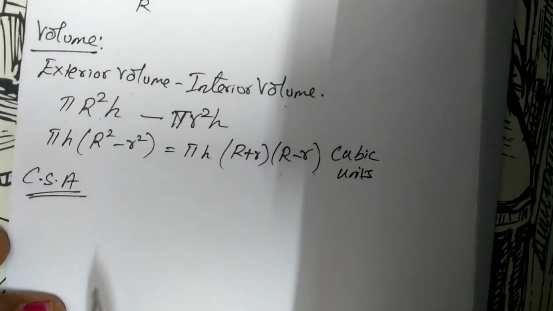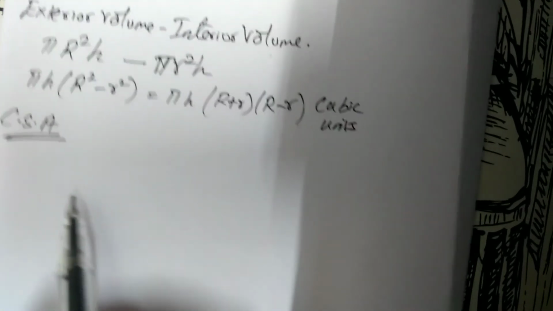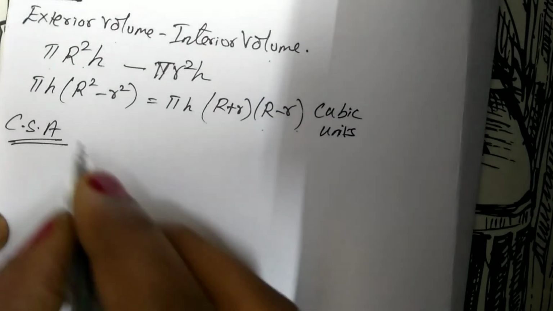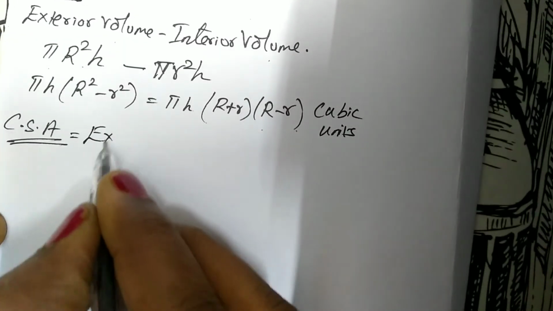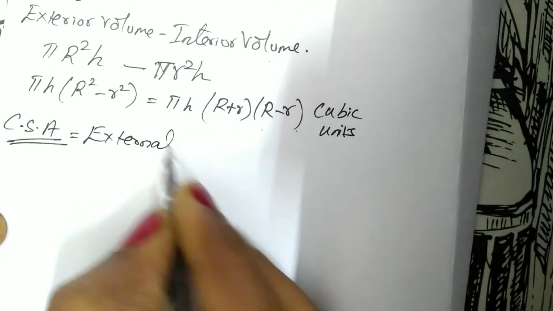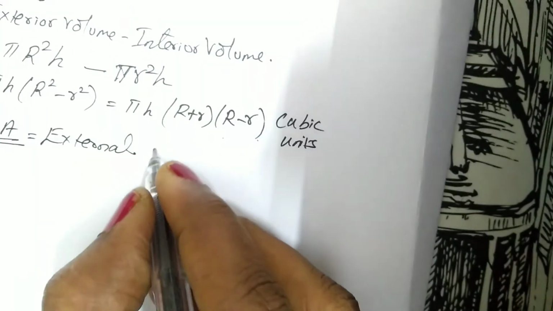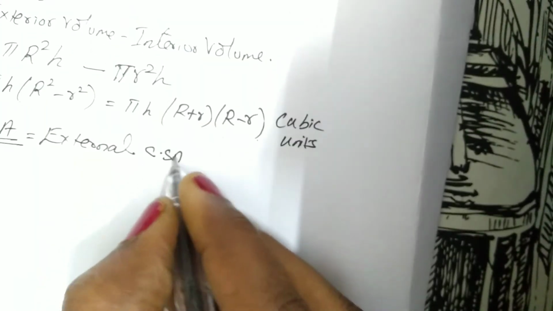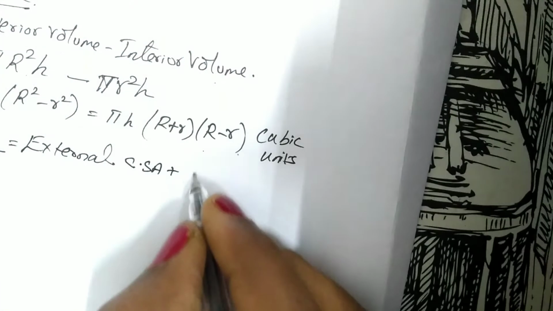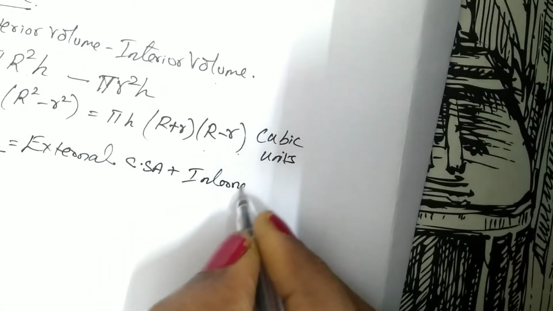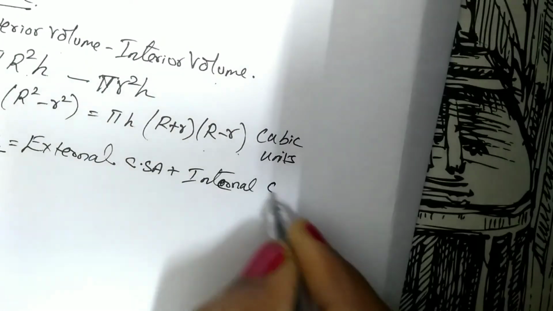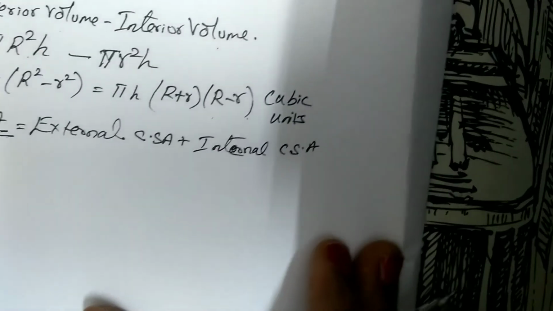So that is our curved surface area. So I am going to say CSA is external CSA plus internal CSA.